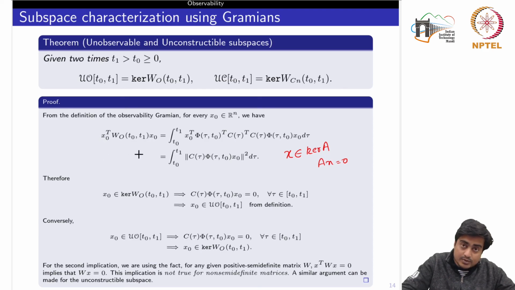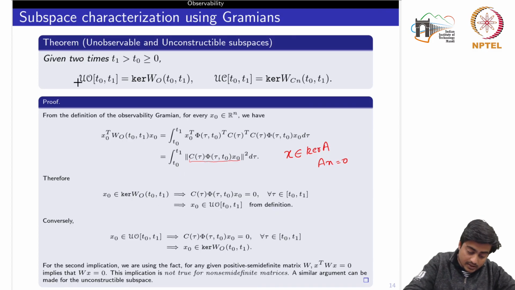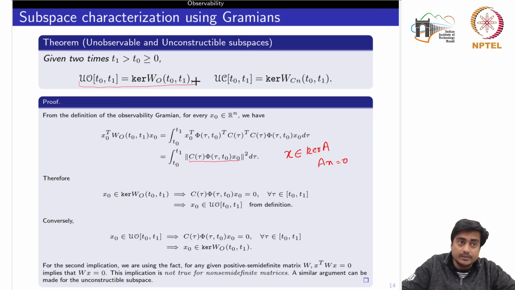Now this is the integral of the squared norm, and it would be 0 only if the term inside the norm is itself equal to 0. So x naught belonging to the kernel of this observability Gramian implies that this term is equal to 0, and by the definition of the unobservable subspace, all those x naught would definitely belong to that unobservable subspace, meaning this inclusion is satisfied.